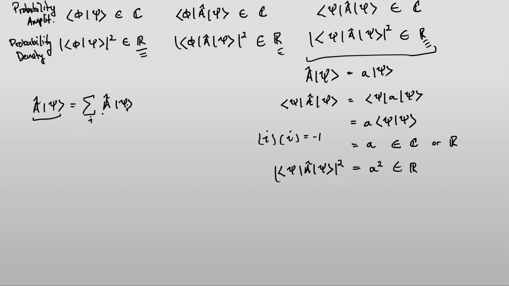Again, I can multiply both sides by my bra vector. Like this. So what do we get? We would get something that looks like this. We would just multiply both sides by our bra vector, the operator and our ket vector.